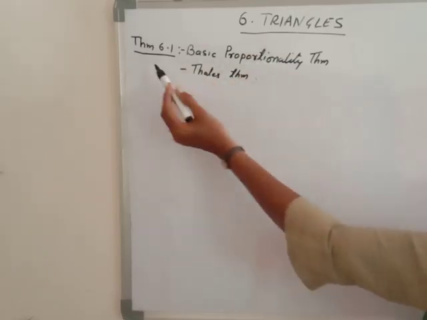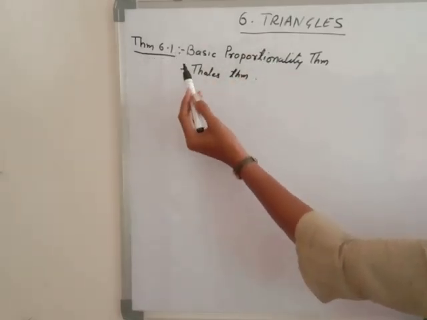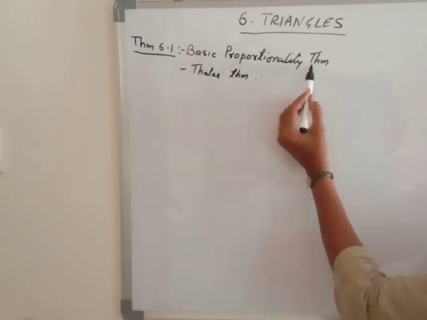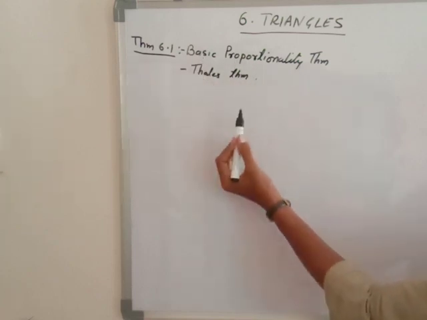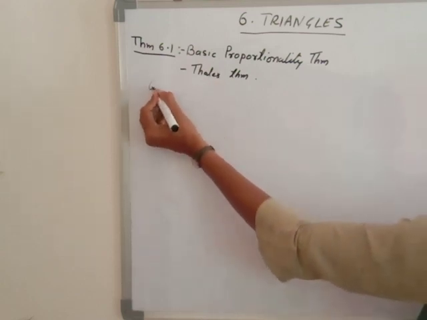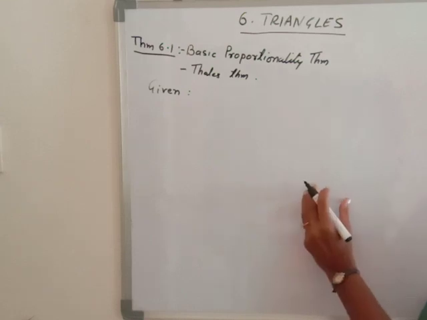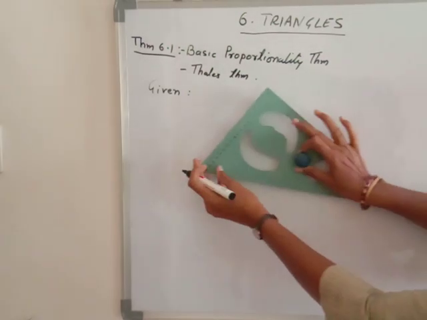Today we are going to learn Theorem 6.1, which is also called Basic Proportionality Theorem or Thales' Theorem. Now here, what is given? A triangle is given. Okay, let's draw.